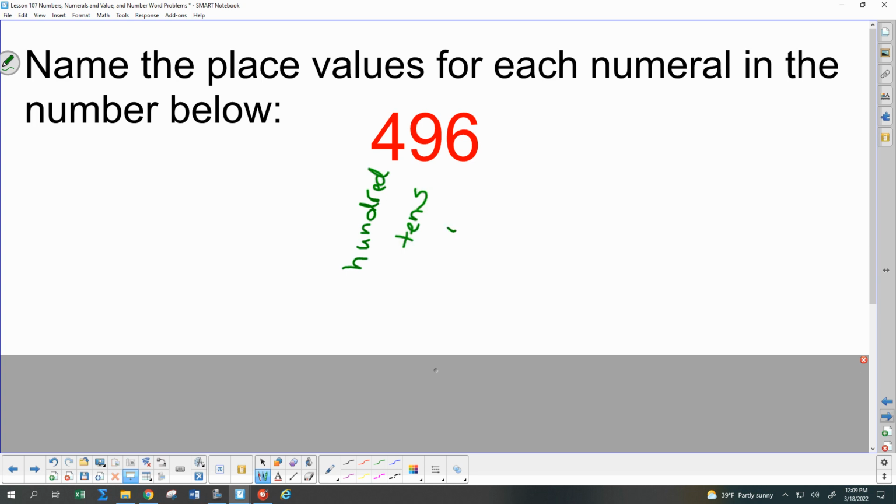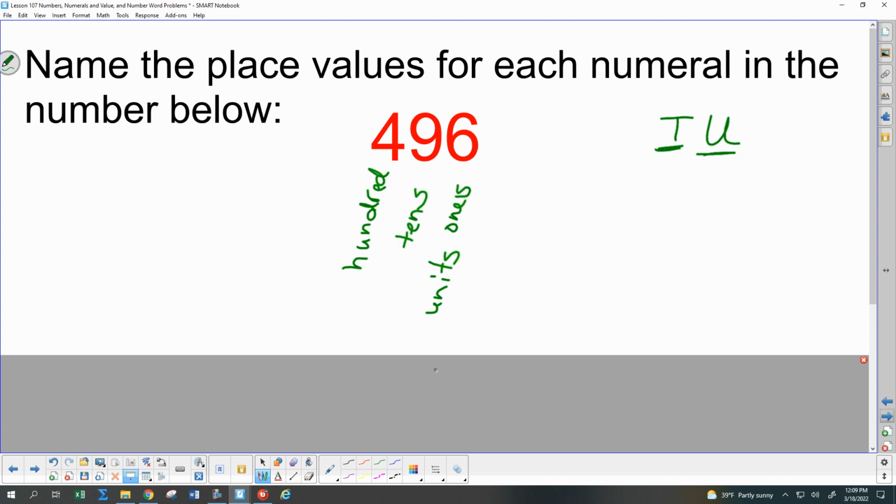And then I don't want to call this ones. I'm going to call it units. Because when we start in on those unusual problems I was just talking about, where we start talking about what's in the tens place and what's in the hundreds place and what's in the ones place, mostly we're going to be doing two-digit ones. So I'm going to have something in the tens digit, something in the units digit place.